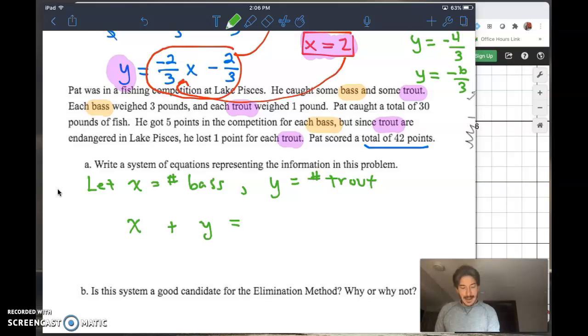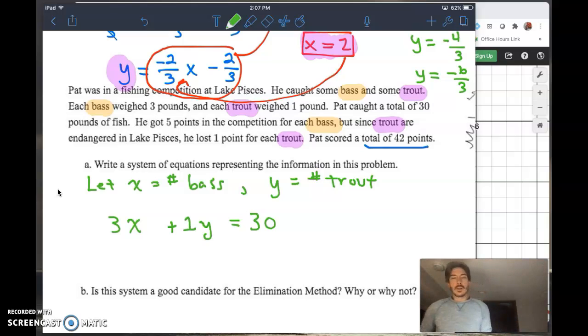I know that each bass weighs 3 pounds, so 3 times the number of bass he caught, and each trout weighs 1 pound. Now, multiplying by 1 doesn't really have an impact on us, but it's a good spot to throw that in there to keep in mind. And then his total, right, totals stand by themselves on one side of the equal sign. His total is going to be 30 pounds, okay?